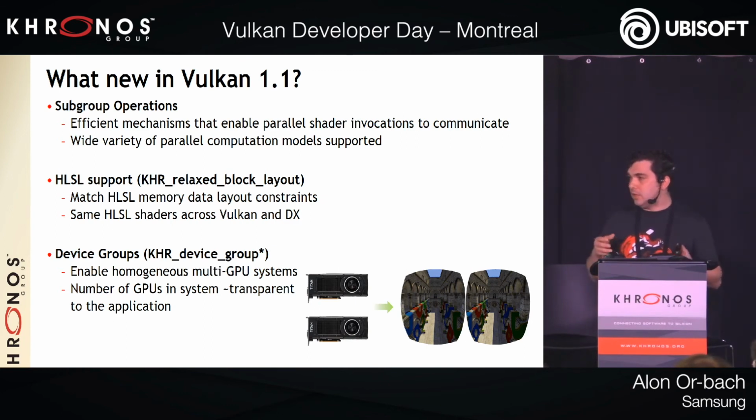HLSL support is growing in importance, which Lei will be talking about, but not about relaxed block precision, which is a key feature we've added in 1.1. And then device group, in terms of being able to target multiple GPUs on a system. KHR device group is now a core feature in Vulkan 1.1, allowing you to do that in a transparent, semi-transparent way.